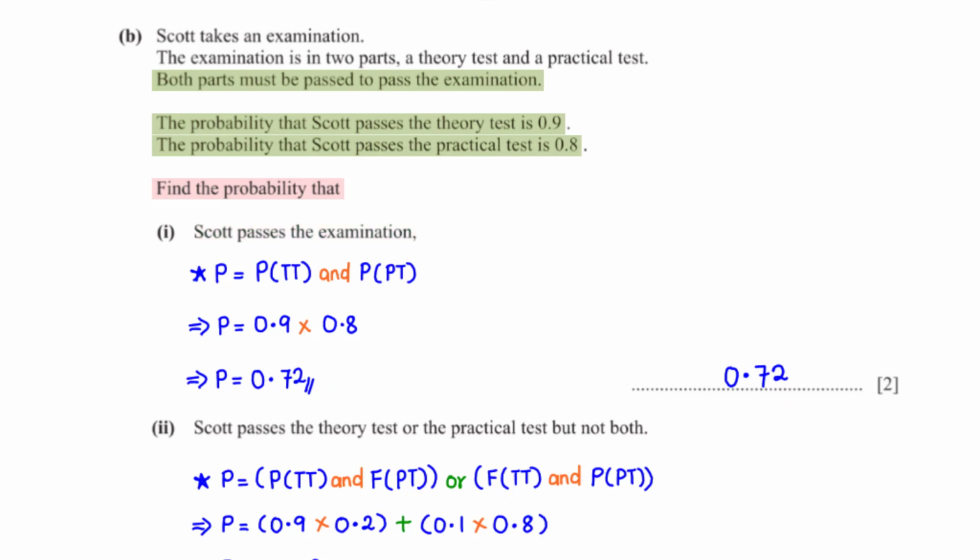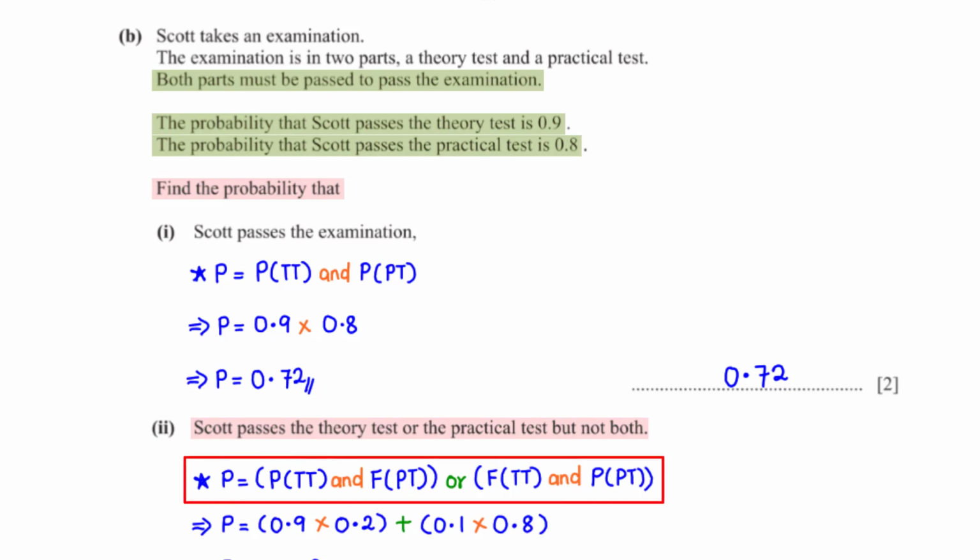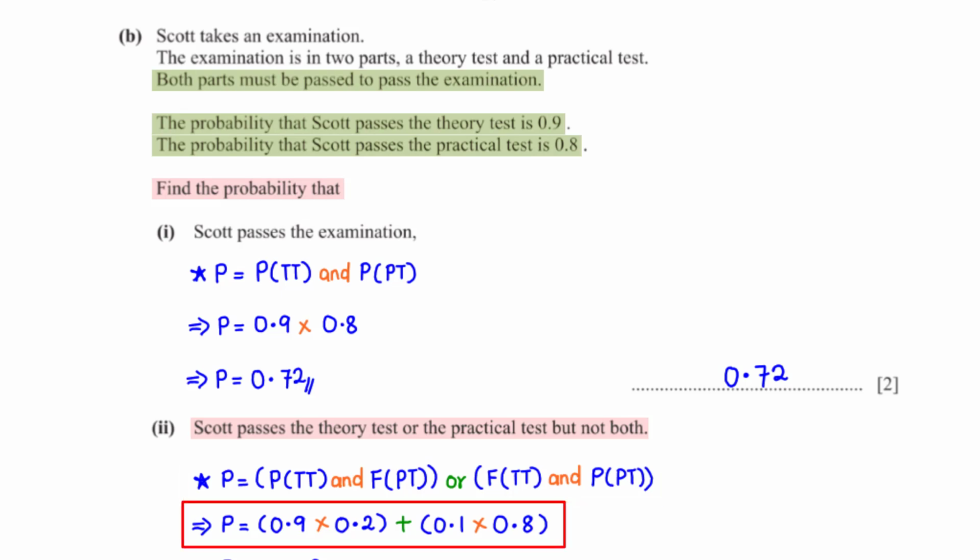Find the probability that Scott passes the theory test or the practical test, but not both. In this case, we have two possible scenarios. It's either Scott passes the theory test and fails the practical test, or he fails the theory test and passes the practical test. The probability that Scott passes the theory test is 0.9.